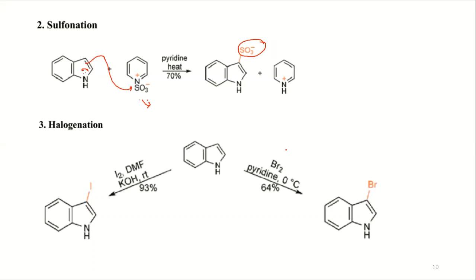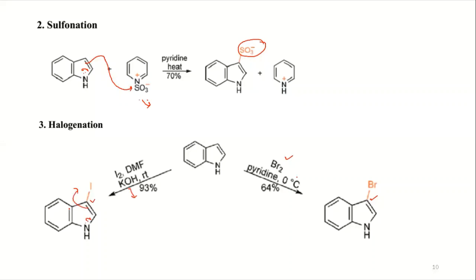Halogenation: you just use the bromine and pyridine system at 0 degree. You can have the 3 position bromination. For iodine, you just need to use the basic condition. So you have to use KOH with iodine, and you'll get the iodination here, with DMF as the solvent. Okay, the reactions are as usual. You just have this kind of attack.